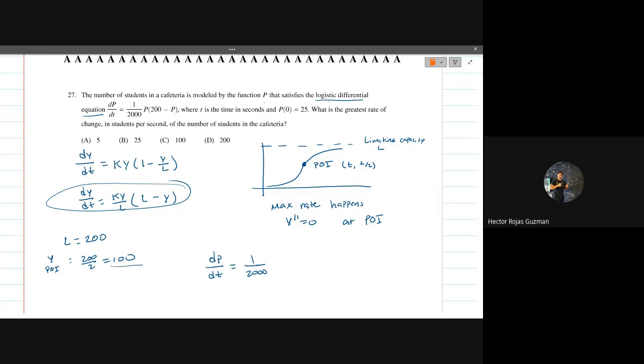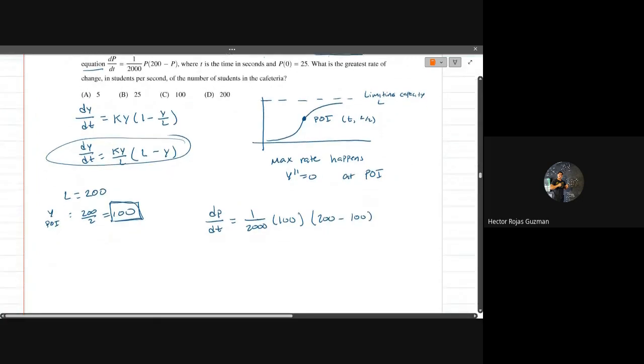This 100 represents a y value, which is p. So we're going to plug in the 100 times 200 minus p, minus 100. And let's simplify this rate of change.